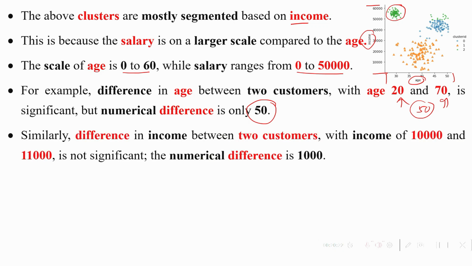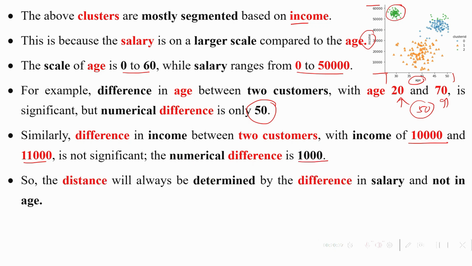Similarly, the difference in income between two customers with incomes of 10,000 and 11,000 is not significant, but the numerical difference is 1,000. So the distance will always be determined by the difference in salary, not age.